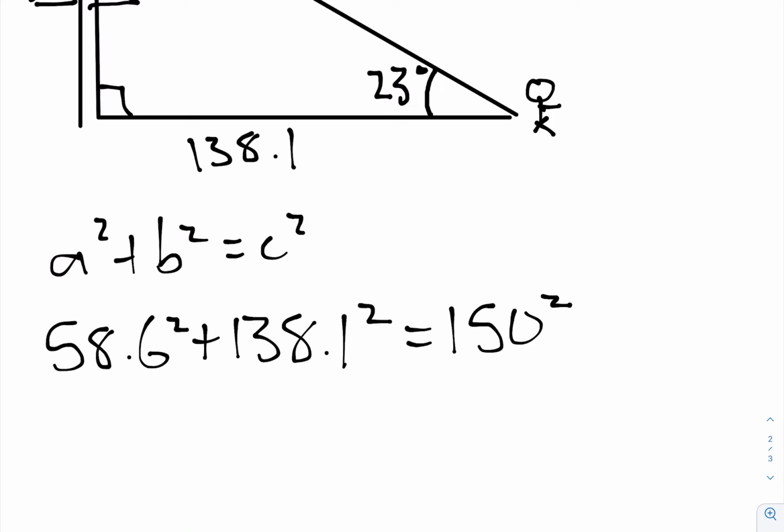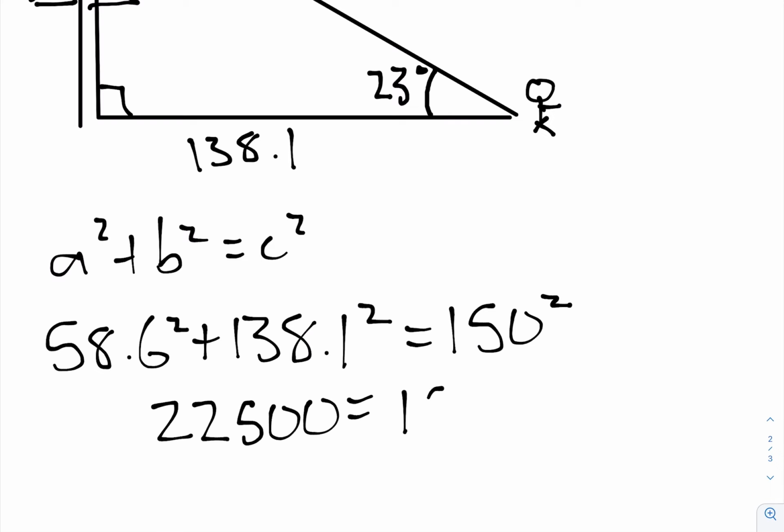So 138.1 squared is 19,064, and we're going to be adding 58.61 squared. I'll do more exact values just to make sure it's as close as we can get. That's going to be 22,500.